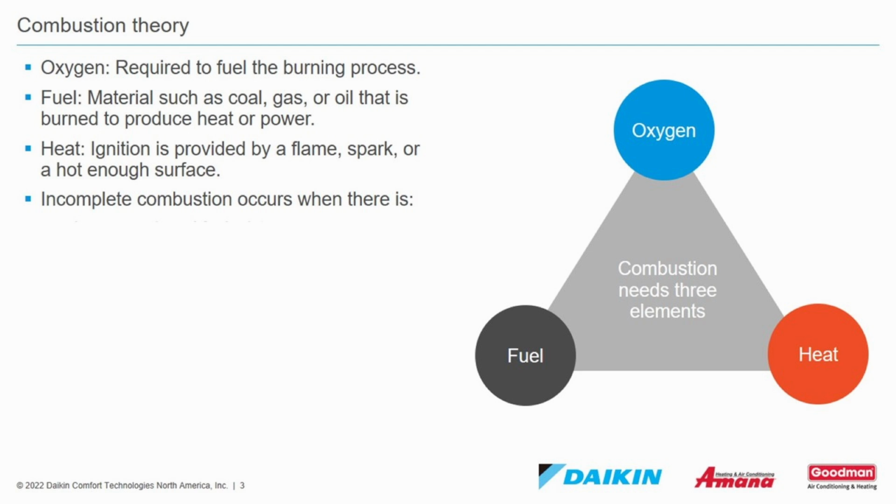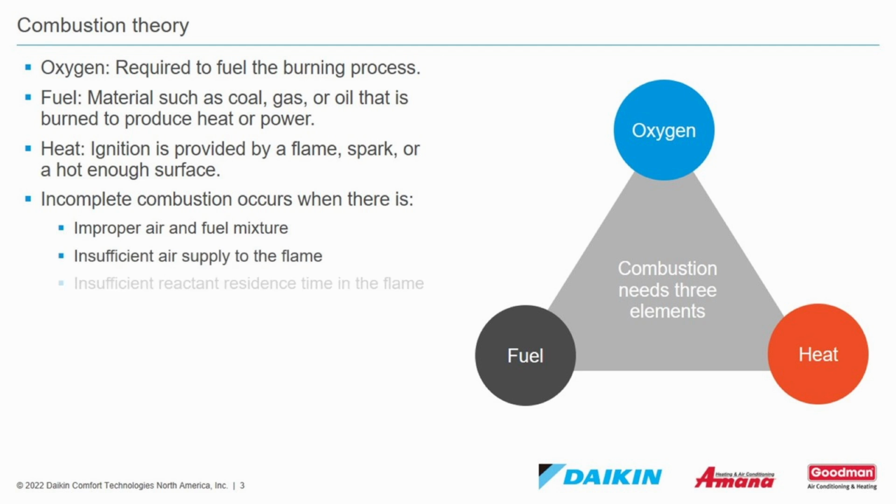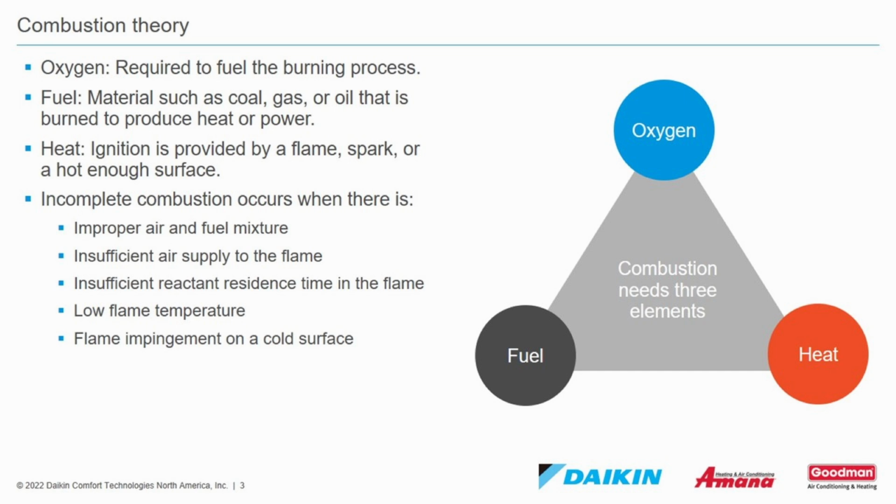Incomplete combustion occurs when there is improper air and fuel mixture, insufficient air supply to the flame, insufficient reactant residence time in the flame, low flame temperature, or flame impingement on a cold surface.